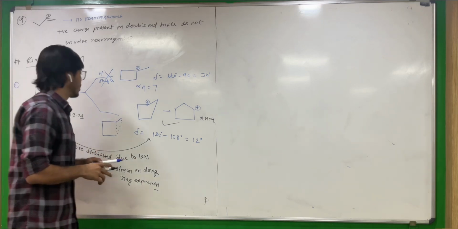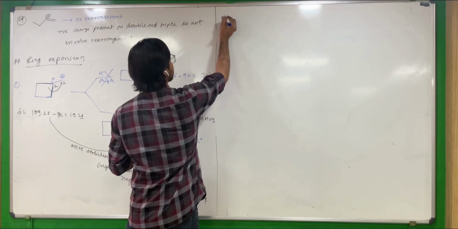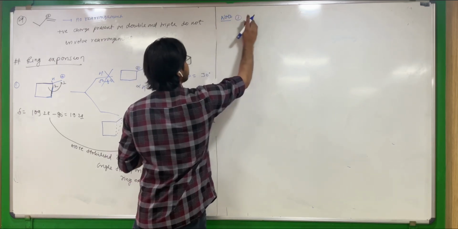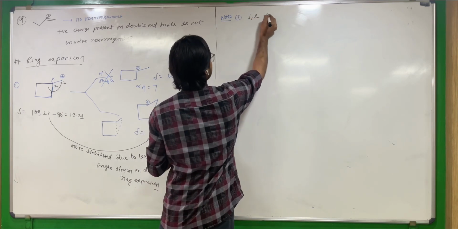So you can write 2 points in your notes. First is, ring expansion takes place. There is also a 1-2 shift.